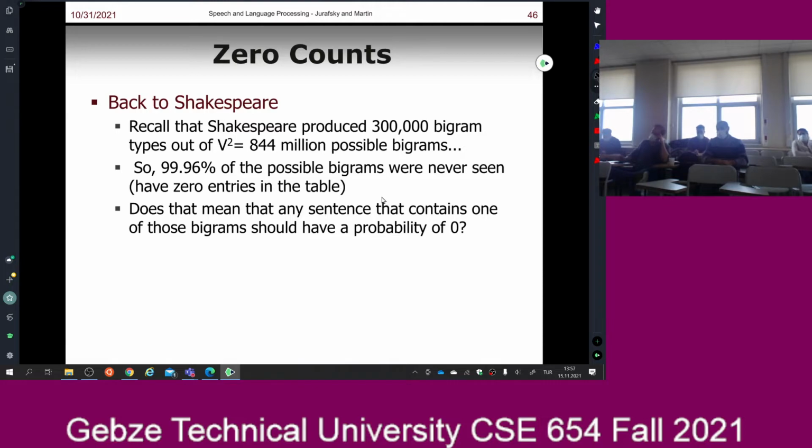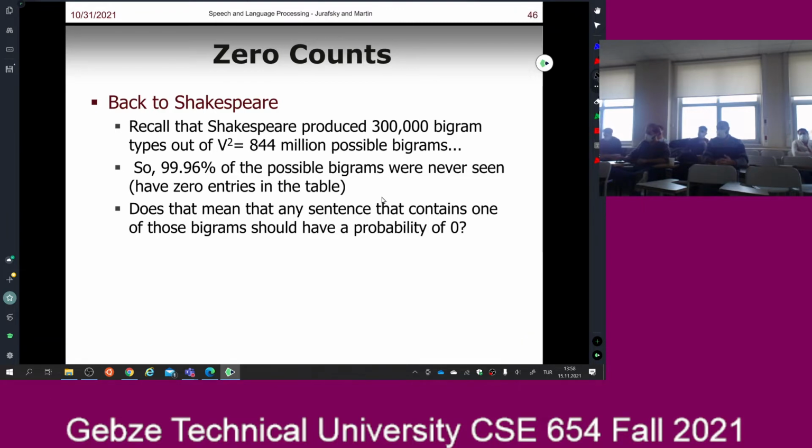What did we say? What happens if I know that there is a word in my dictionary, but it didn't happen? The probability of me seeing that word is zero. No, that's not true. This becomes even more evident if I look at the bigrams. Remember Shakespeare?